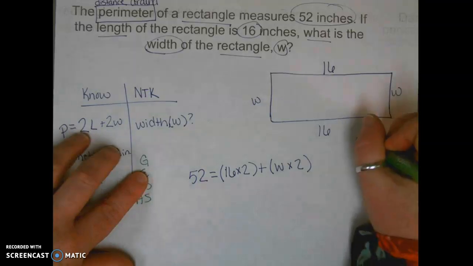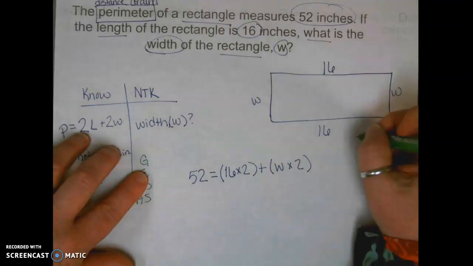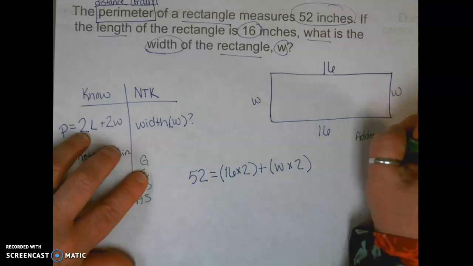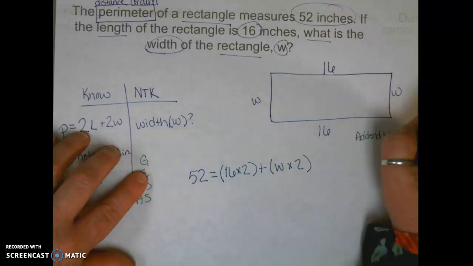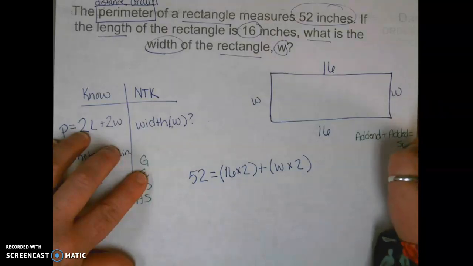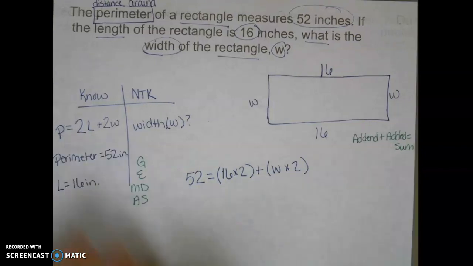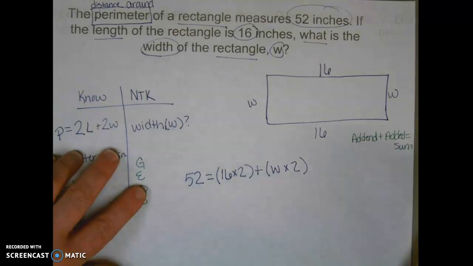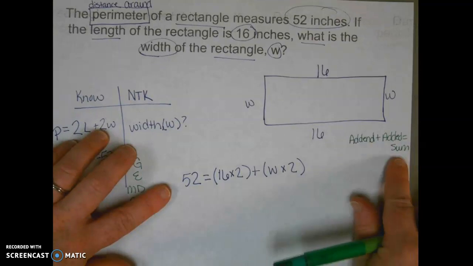So I know when I have an equation that I have my addend plus an addend equals my sum. And that I can rearrange those to be able to do a reciprocal operation or an inverse operation, which would be subtraction.